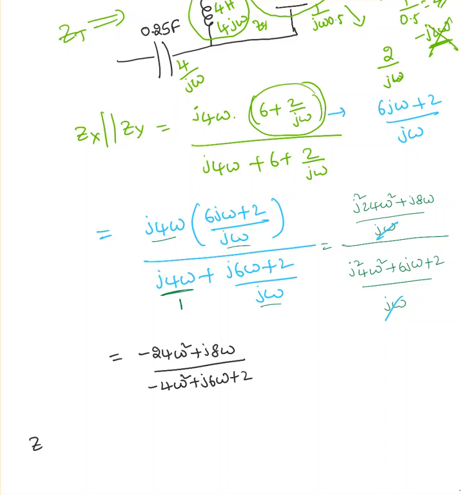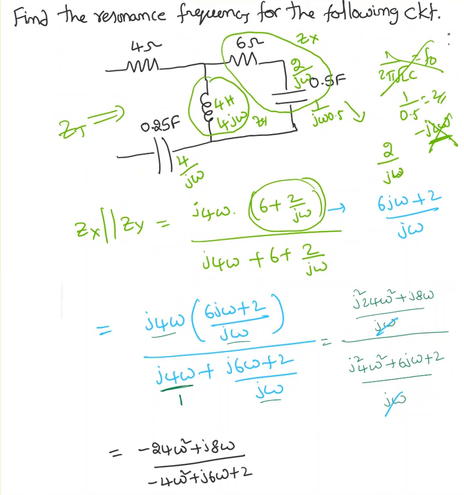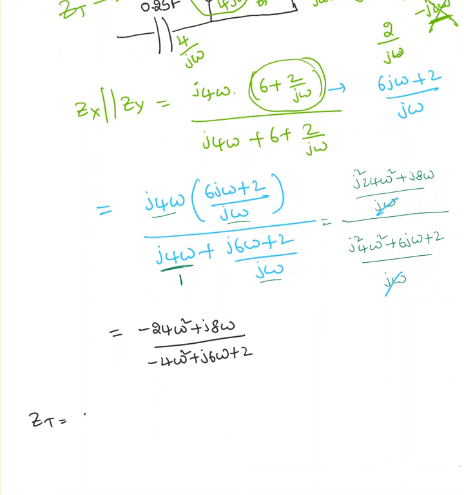So my Z total is a real part 4, plus 4 over j omega, plus minus 24 omega squared plus j8 omega over minus 4 omega squared plus 2 plus j6 omega.